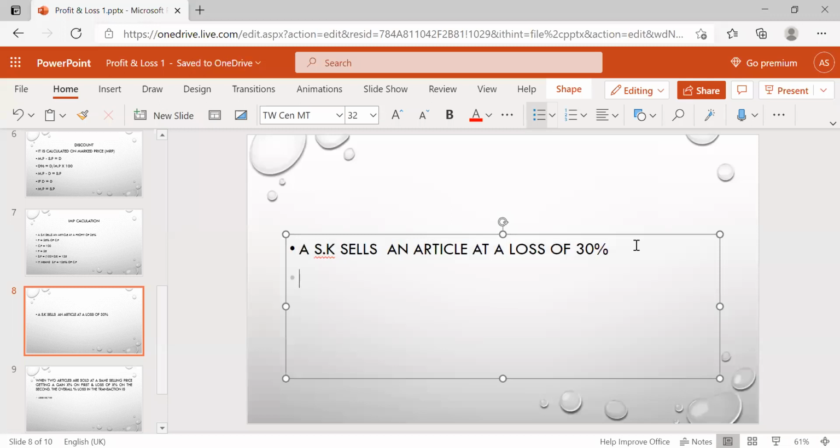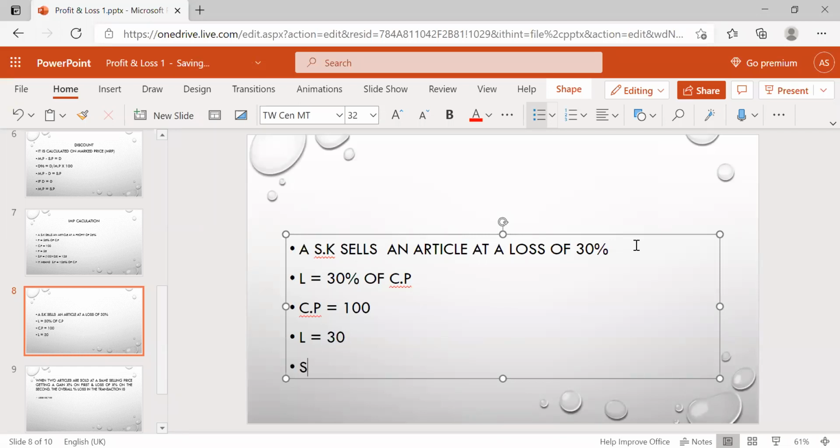A shopkeeper sells an article at a loss of 30%. Same as before, the loss equals 30% of cost price, CP. If CP is 100 rupees, what is the loss? 30% of 100 is 30.